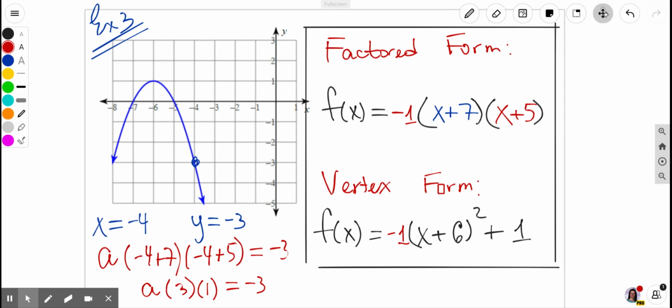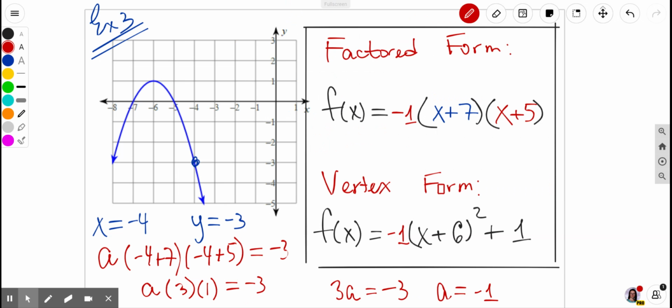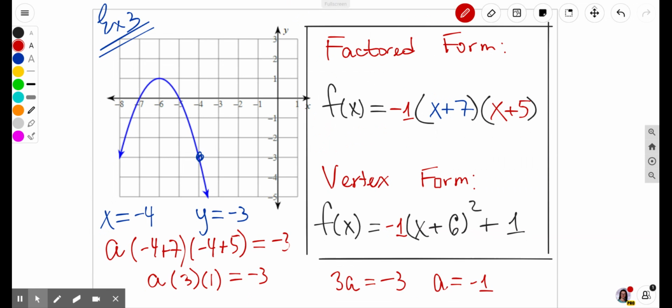So that gives us 3a equals -3, which gives me a equals -1. And that is going to be your a value, the same exact a value that we figured out from the graph.